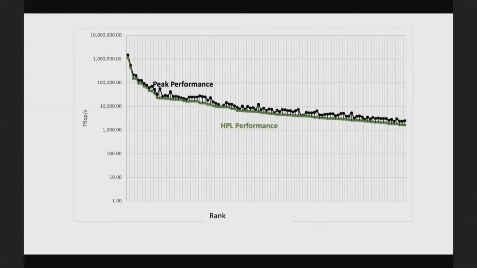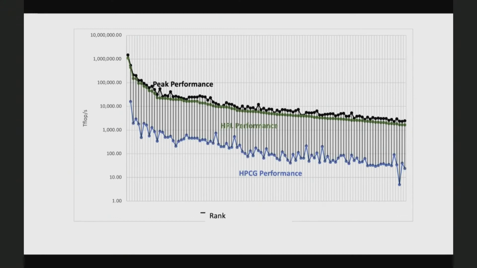So if we take a look at plotting some things, the theoretical peak is plotted here. That's the black dots. The HPL number, the LINPACK number, is the green dots, and the HPCG number, this iterative method for solving systems of equations, are the blue dots.